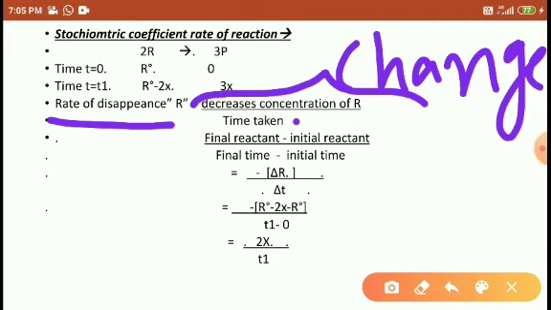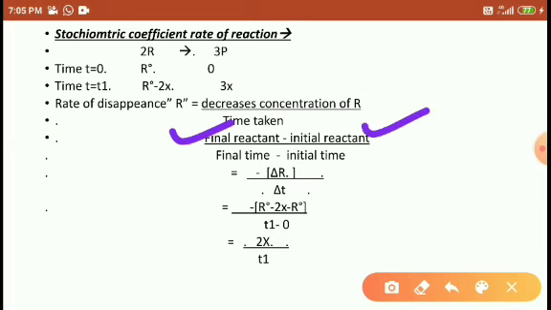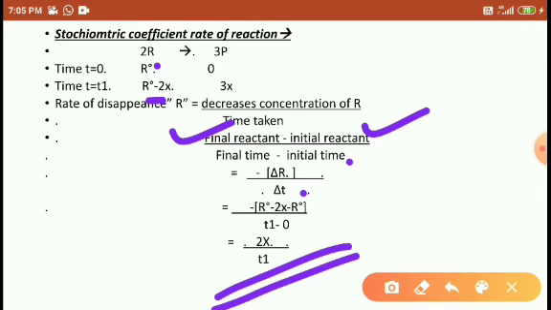Change in concentration means final minus initial, divided by final time minus initial time, symbolically written as minus delta R by delta T. So delta R is R naught minus 2x minus R naught, R naught gets cancelled, and we get 2x by T1. Right, 2x by T1 is the decrease here.